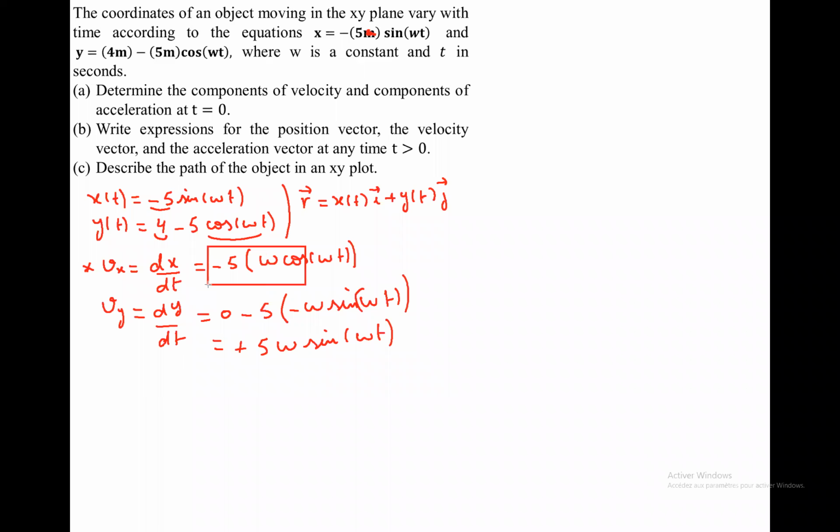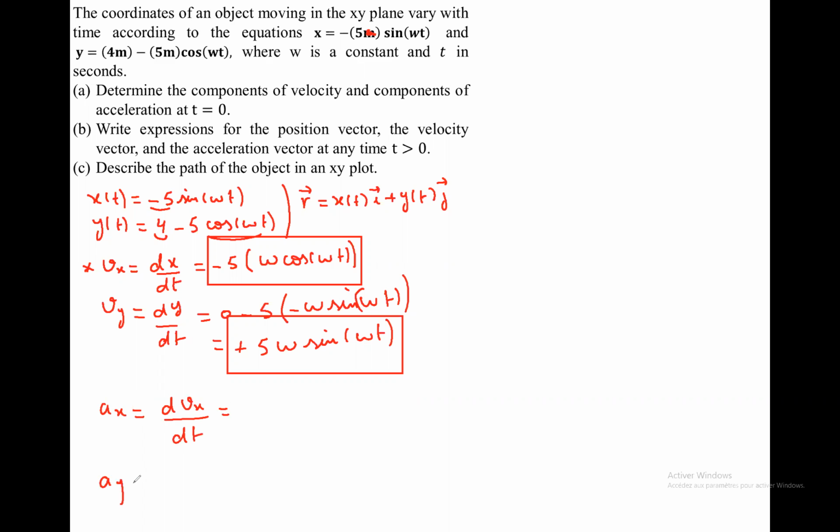Here we have the x component and here we have the y component. Now I want to calculate ax. Ax equal d vx over dt and ay equal d vy over dt. For vx, it's here: minus 5 omega cosine omega t.